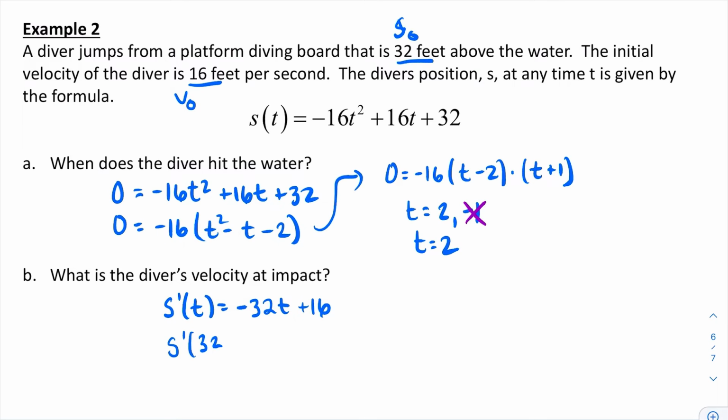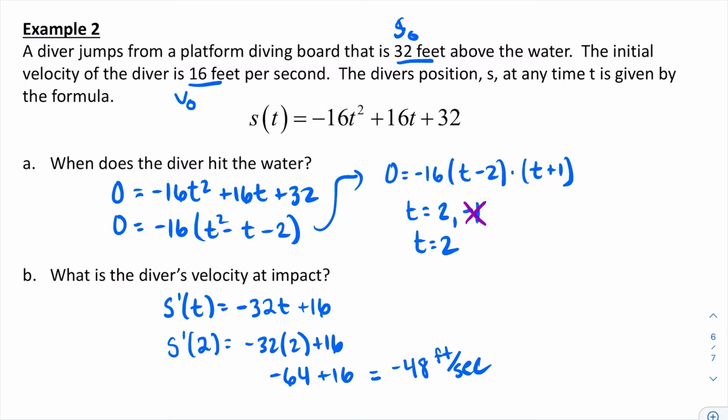I am not focused today. I apologize. Which is negative 32 times 2 plus 16. So I have negative 64 plus 16, so negative 48. And let's give me some units. My units are feet per second.